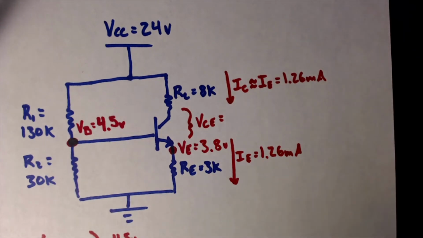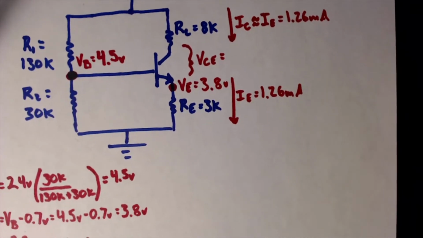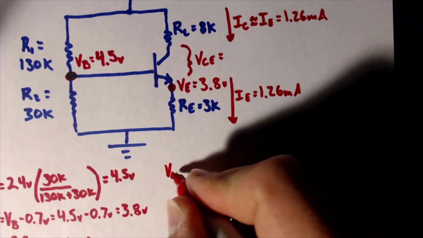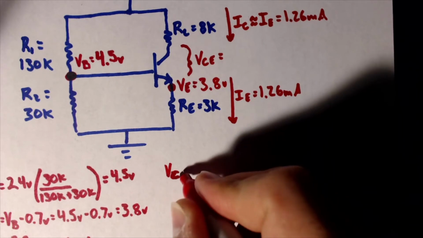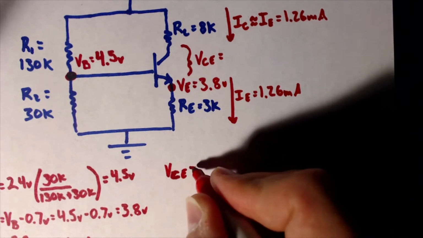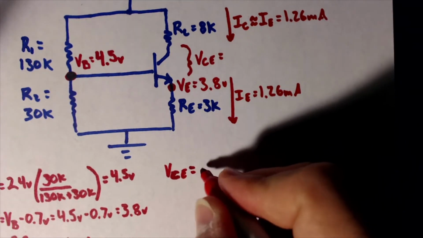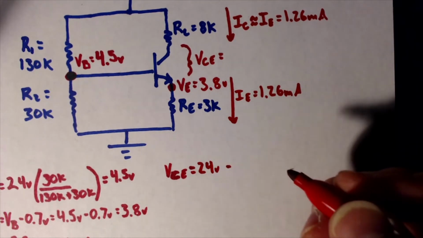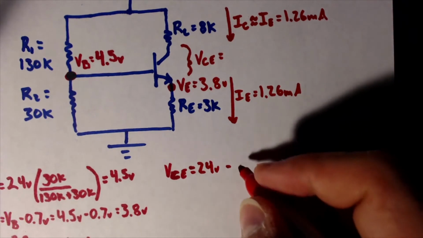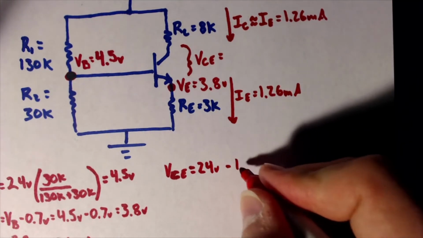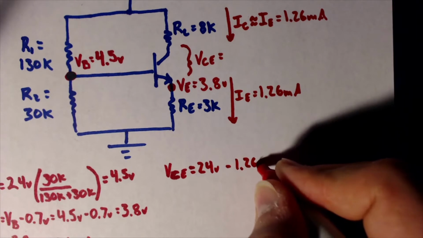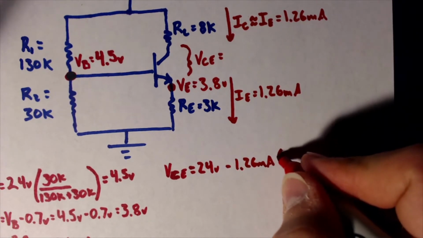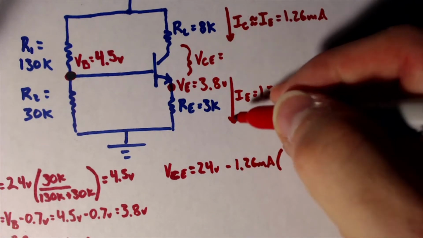So we can write that out as VCE is equal to 24 volts minus 1.26 milliamps times both of these resistances, right?